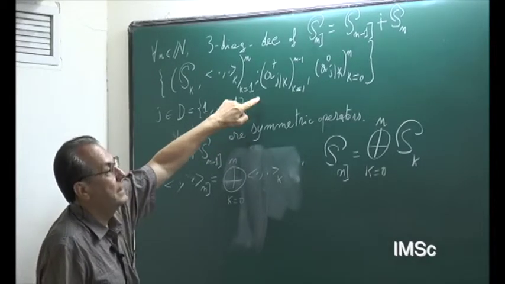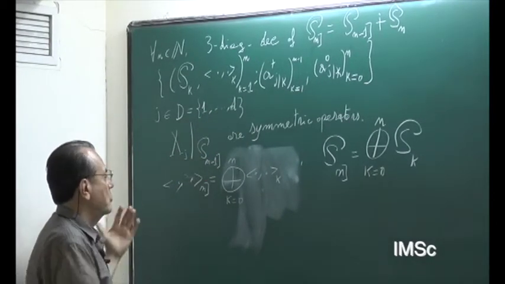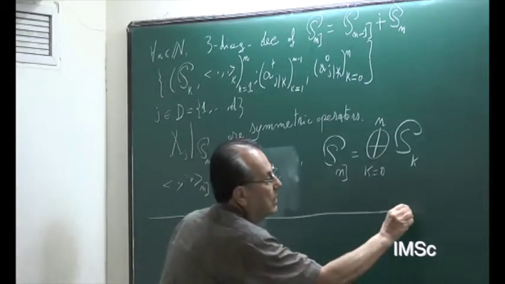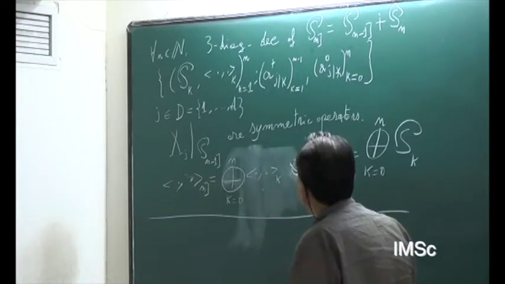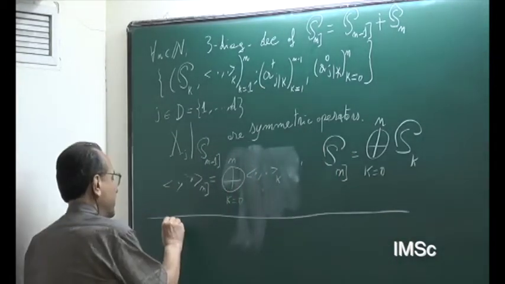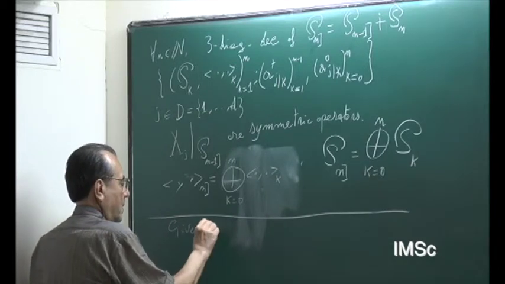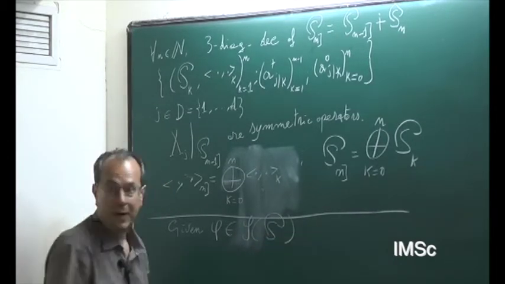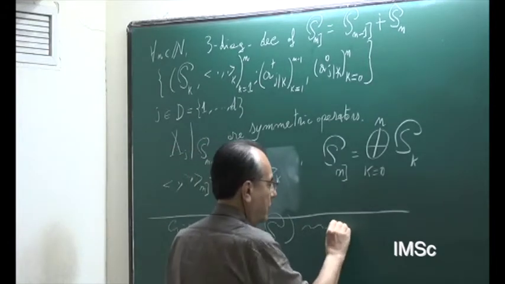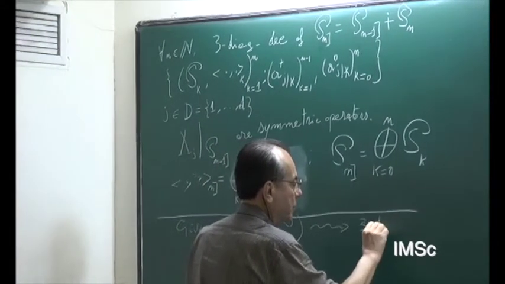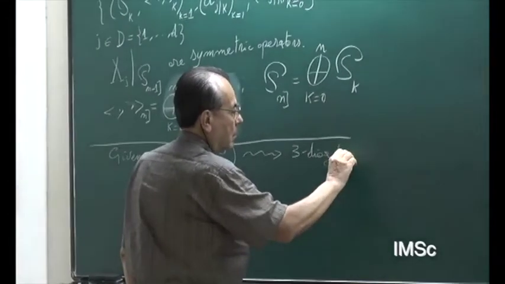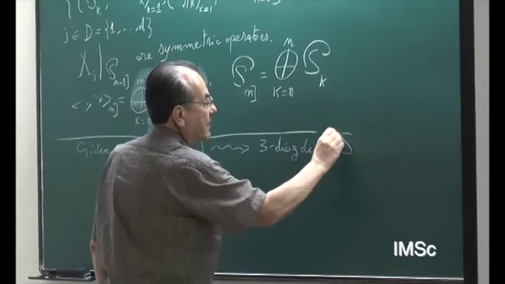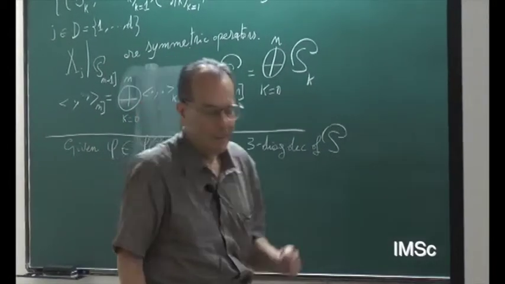And yesterday we showed that given a state phi on the polynomial algebra, which is a star algebra, I associate to it a three-diagonal decomposition of P. We introduced yesterday the notion of three-diagonal decomposition of P. I recall again very briefly.